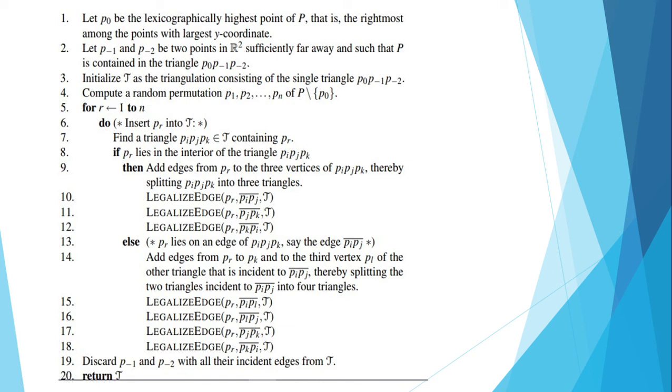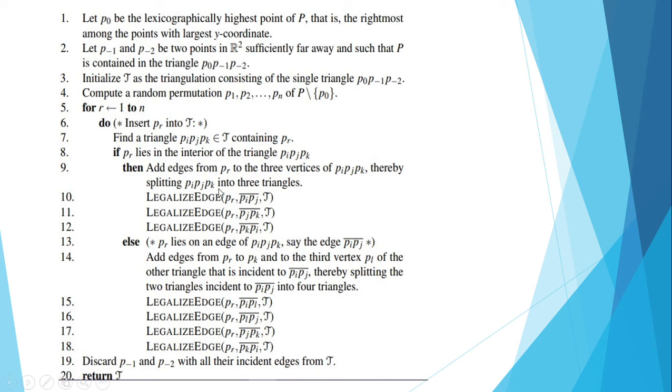It is obvious that only the edges which are changed after the addition of the point can become illegal. The edges related to the addition of the point are the only ones that can be illegal. So we are only checking PiPj, PjPk and PkPi.